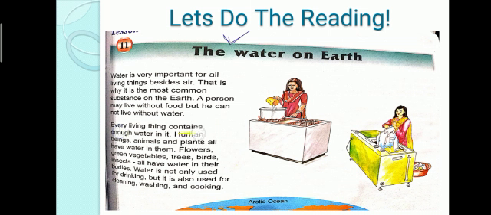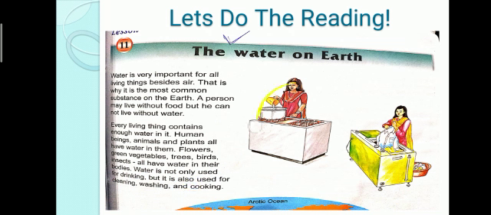Every living thing contains water in it. Human beings, animals, plants all have water in them. Flowers, green vegetables, trees, birds, insects all have water in their bodies. Water is not only used for drinking, but it is also used for cleaning, washing, and cooking.